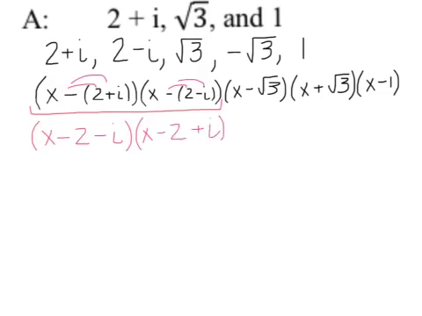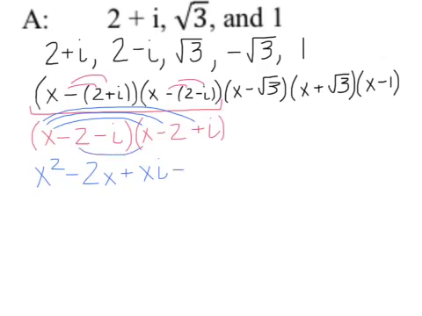Okay, now we can multiply those. Let's distribute this x to everything in the second set. So x times x is x squared. x times negative 2 is negative 2x. x times i is xi. Okay, now do the negative 2. Negative 2 times x is negative 2x.